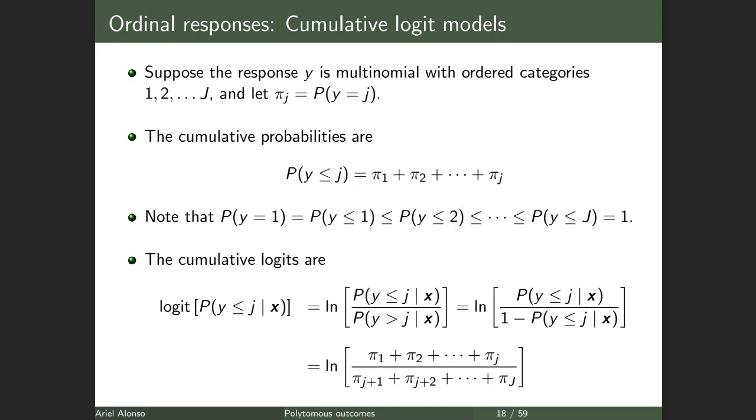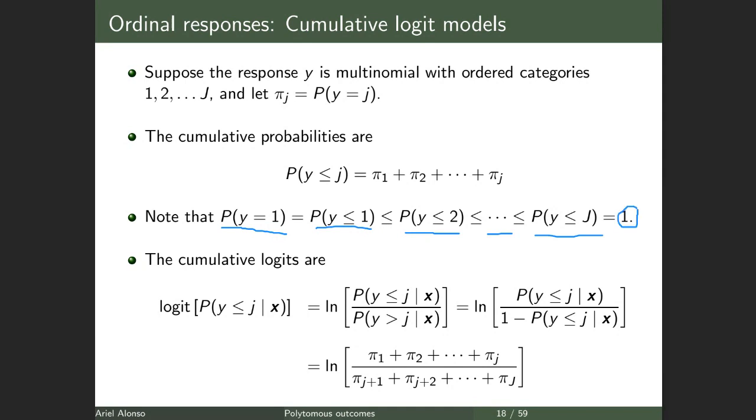So the probability that y is smaller or equal than 1, that's exactly the probability that y is equal to 1. And that should be smaller or equal than the probability that y is smaller or equal than 2, and so forth. And then the largest probability is the probability that y is smaller or equal than j, because that probability is exactly 1, right?